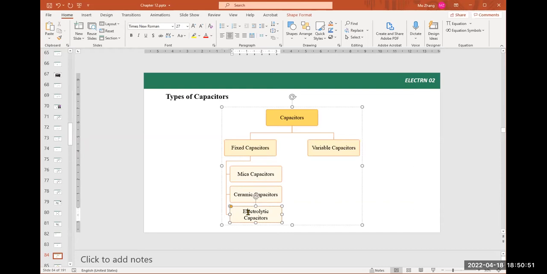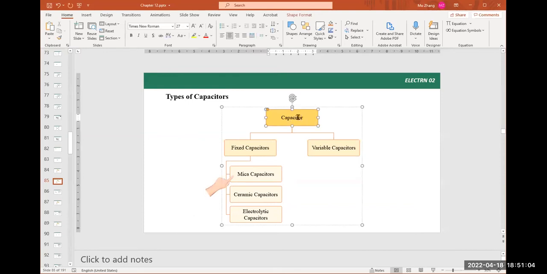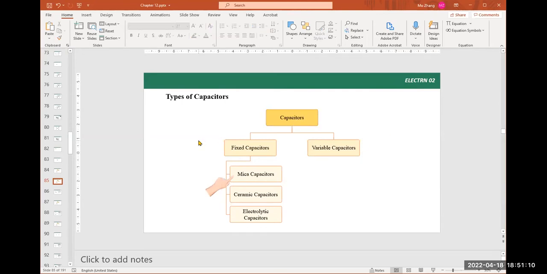And then the one we saw earlier is called the electrolytic capacitor. So let's cover this first. Mica capacitors, under the fixed capacitors, under capacitors.